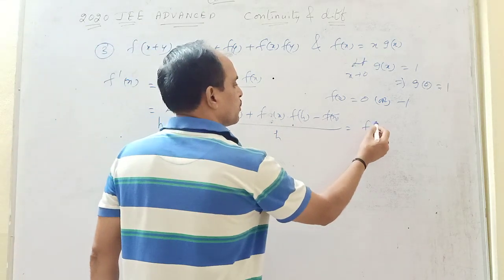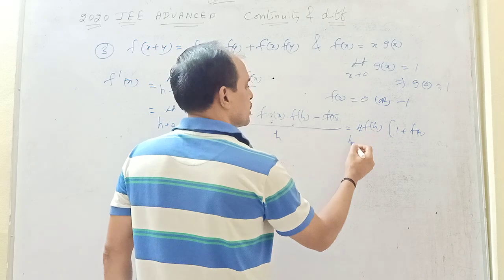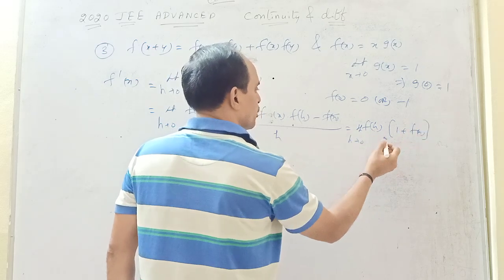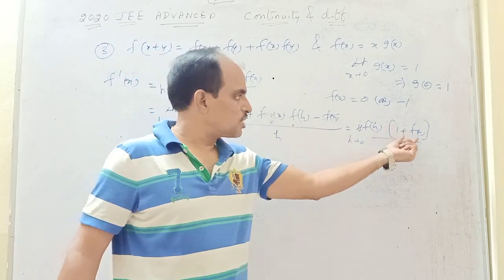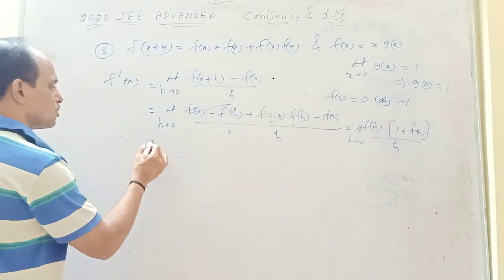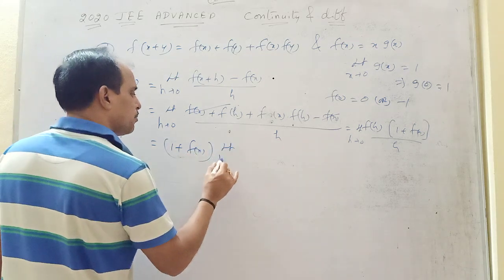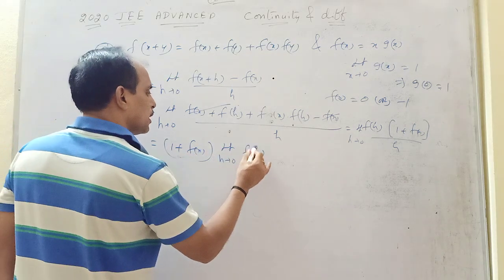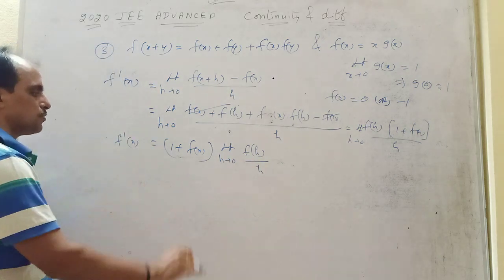If you take f(h) common, what will you get? 1 plus f(x), limit as h tends to 0, by h. So here you see f(h) by h is given. So this will be a constant. I am taking it outside: 1 plus f(x) into limit as h tends to 0 of f(h) by h. This is all equal to f dash of x.